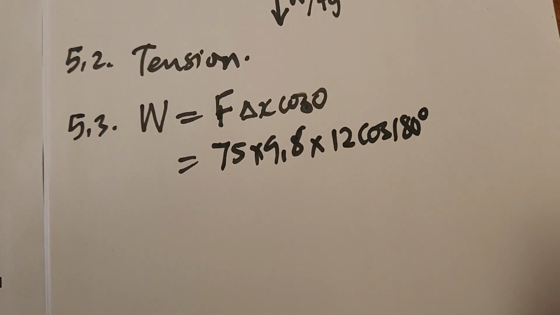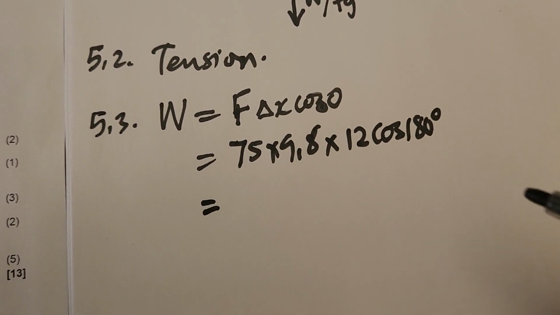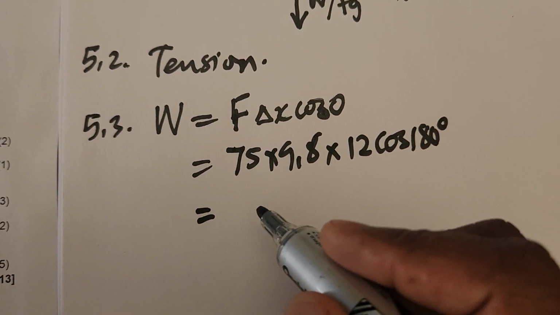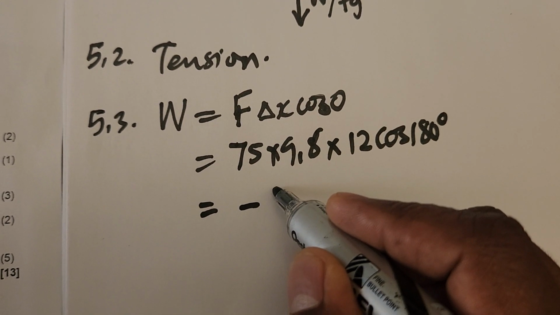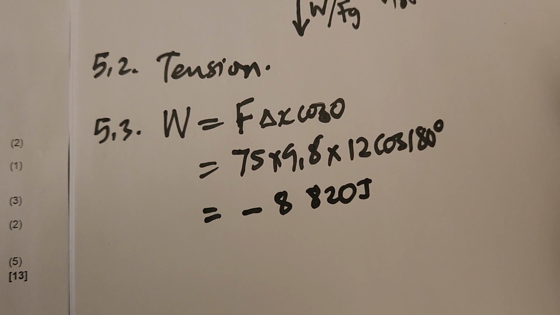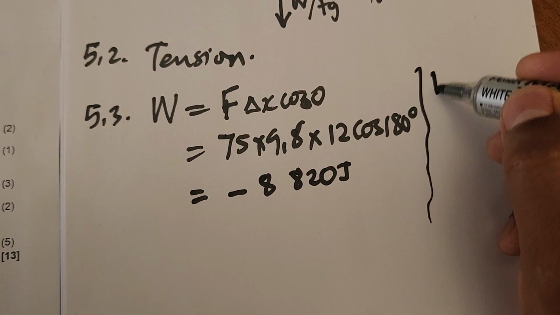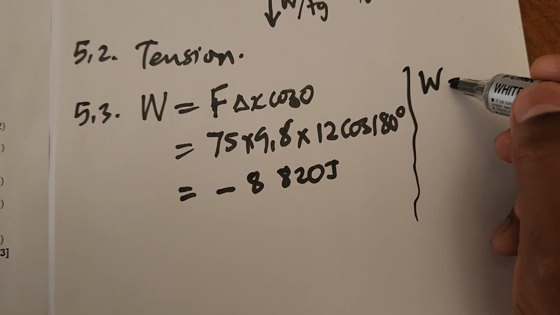We said the weight is doing negative work. That will be the case. And then if you use your calculator, in this case, you must find a negative 8,820 joules.